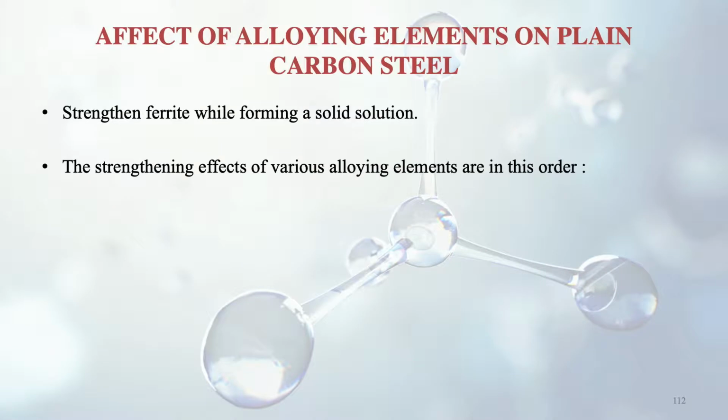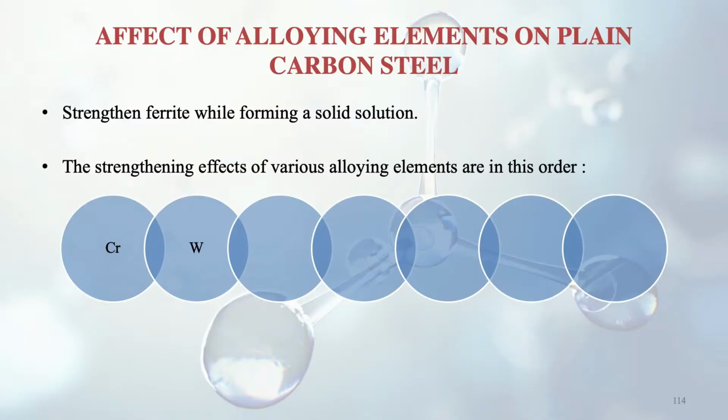The strengthening effects of various alloying elements are given in this order, meaning which one is the best and which one is the worst. So we can see from the top, chromium comes at the top, so chromium can be considered the best alloying element because it gives us the best strengthening effect. So moving further down in that order will be then tungsten, then vanadium, further molybdenum, nickel, manganese, and at the lowest point is silicon.